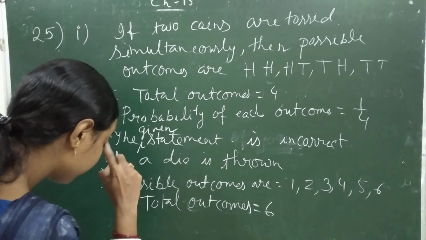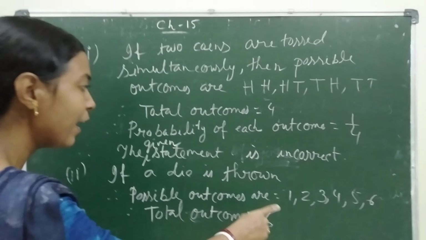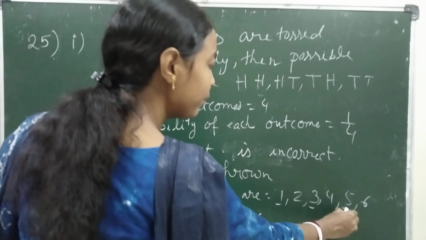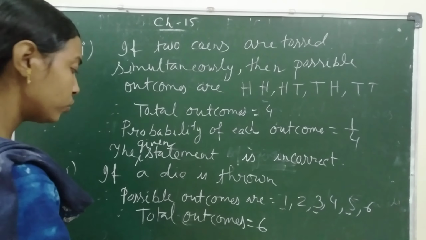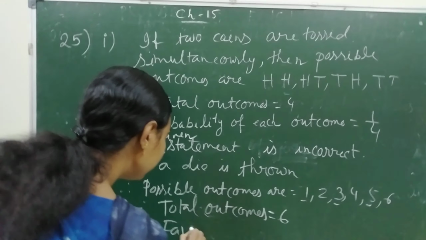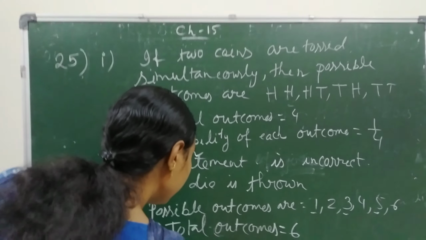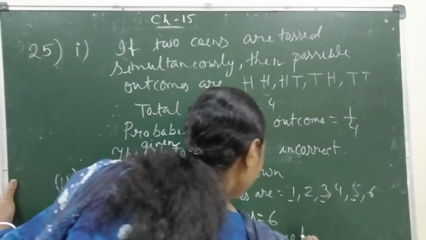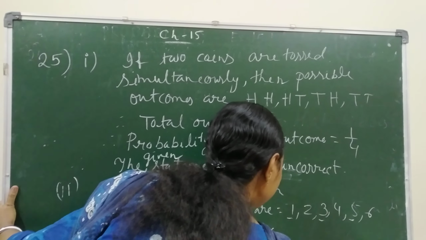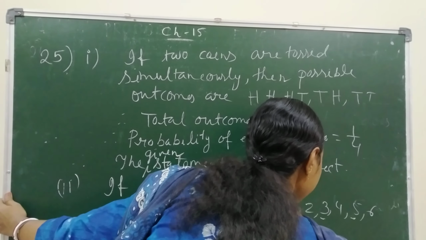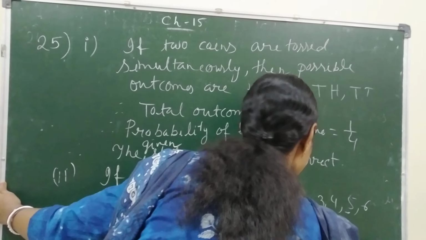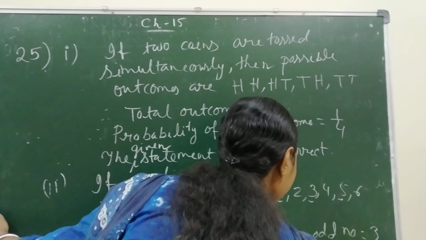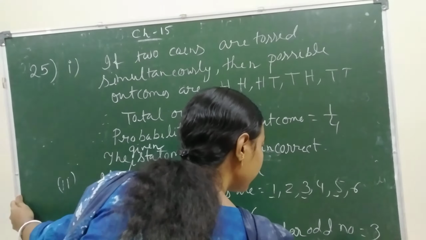And favorable outcome for odd number equal to 1, 3, 5. They are the odd numbers. So favorable outcome for odd number equal to 3, and favorable outcome for even number 2, 4, 6 equal to 3.